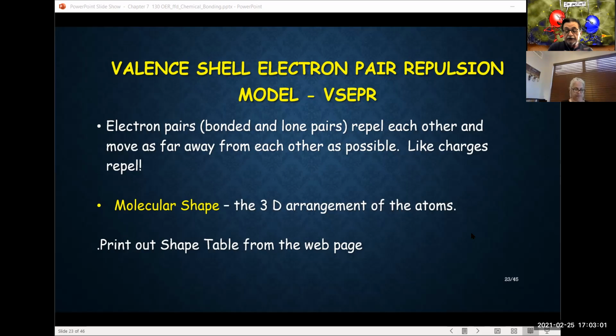It basically means that electrons have a negative charge, and when they see other electrons, they repel. The result is they put themselves in a configuration that maximizes their separation. They're not going to get closer together, obviously, because of their negative charge. The other aspect to remember is that we live in a three-dimensional world, so I'll be showing three-dimensional models because that's what's going on in real life, so to speak.